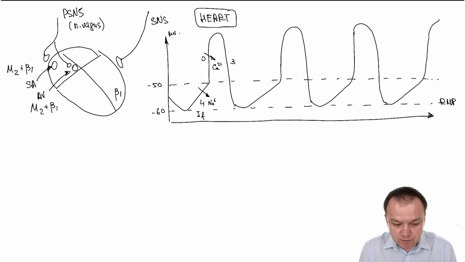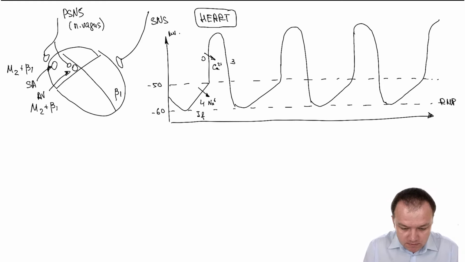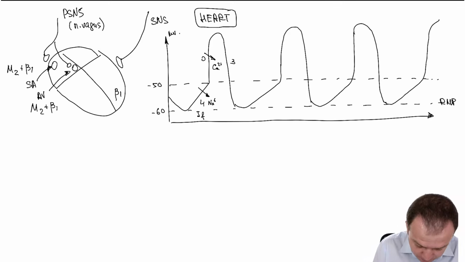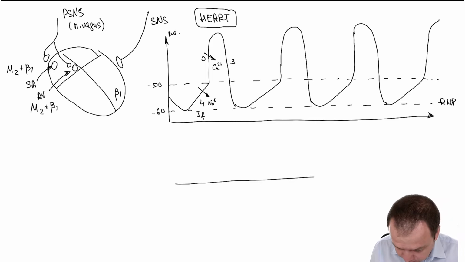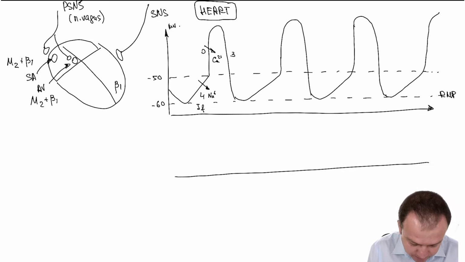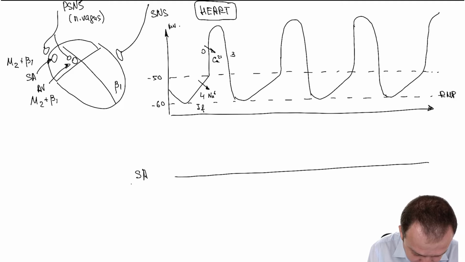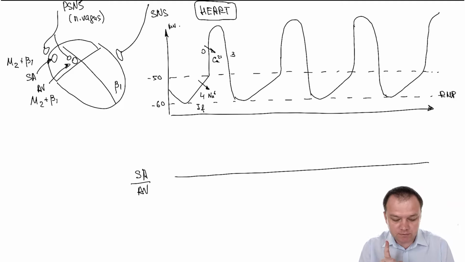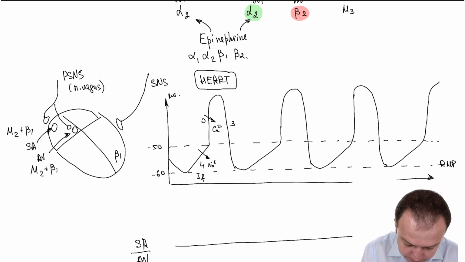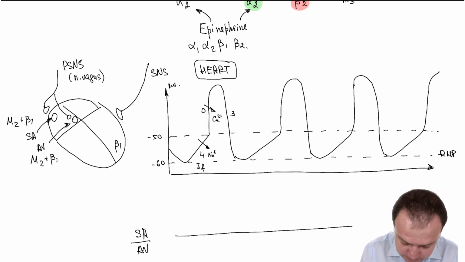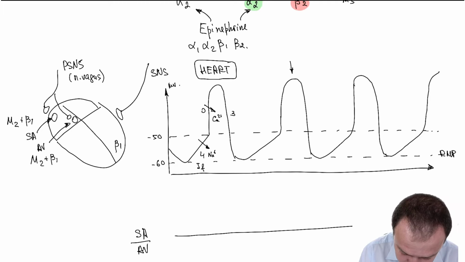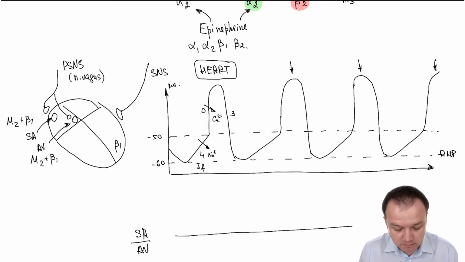So what's going on in case of excitation of M2 receptors and in case of excitation of beta-1 adrenergic receptors, as we're talking about the sinoatrial and AV node? So now we're talking about heart rate. It's important to understand that this peak corresponds to cardiac contraction. Of course, we're talking about a healthy heart and everything is fine with the conductive system.